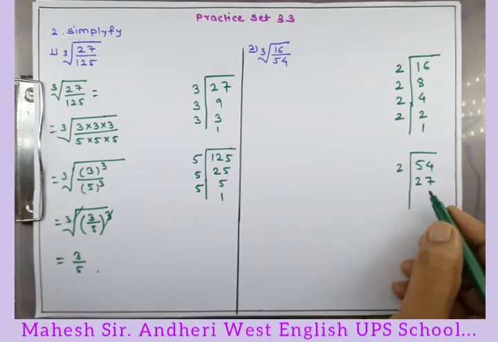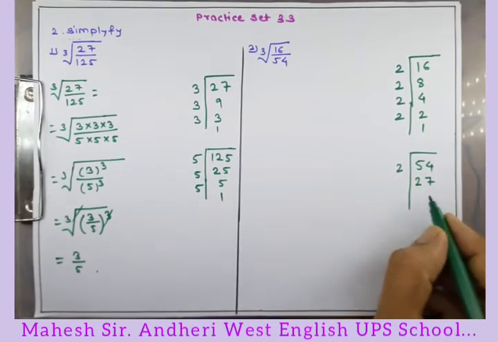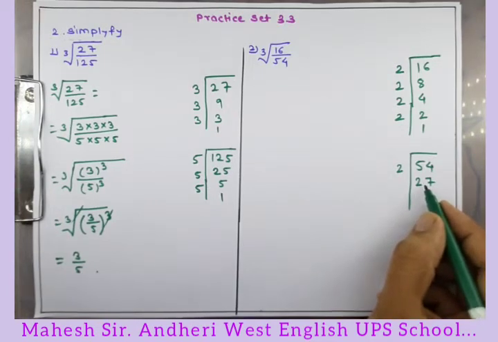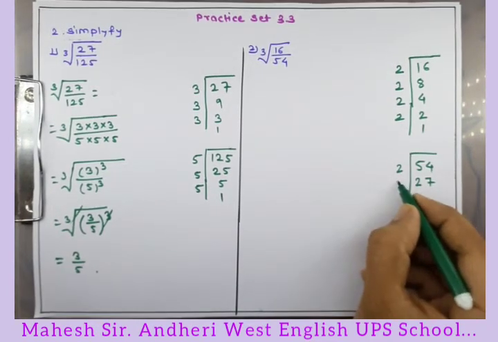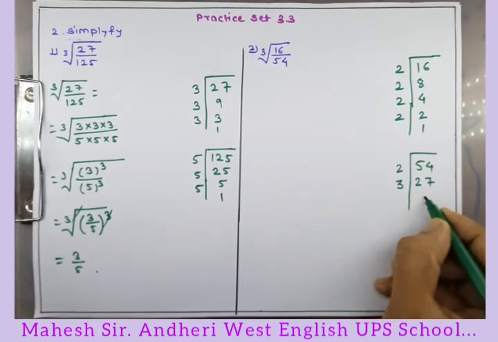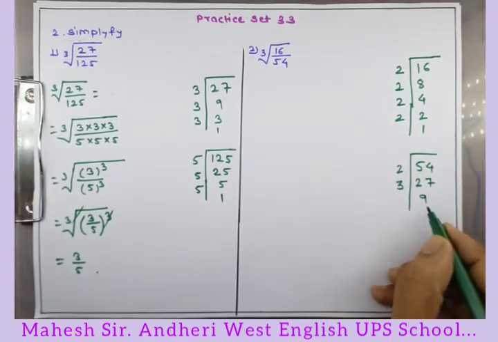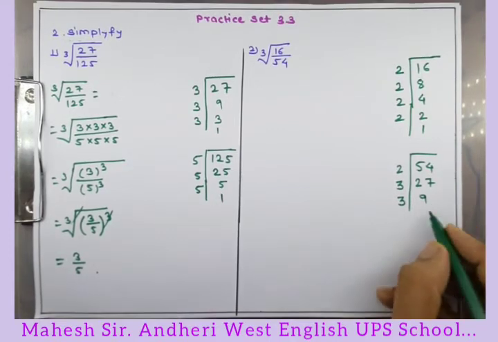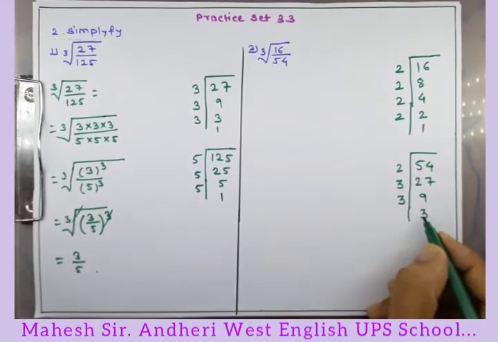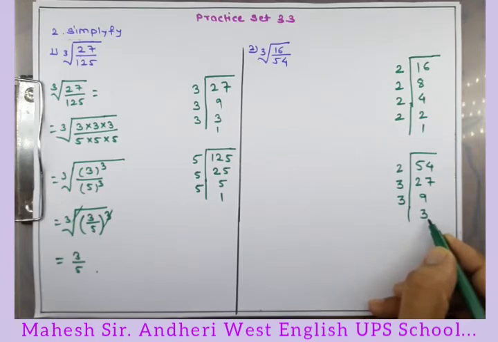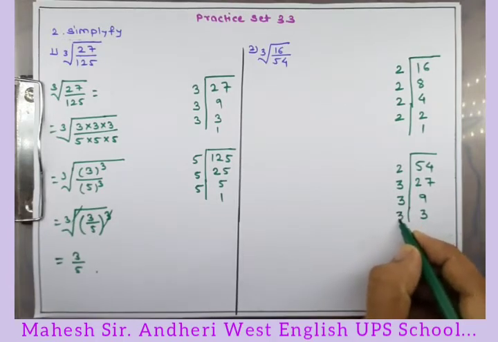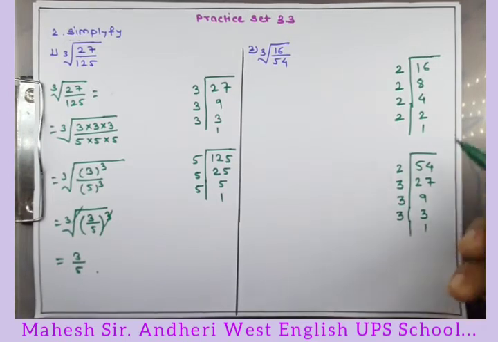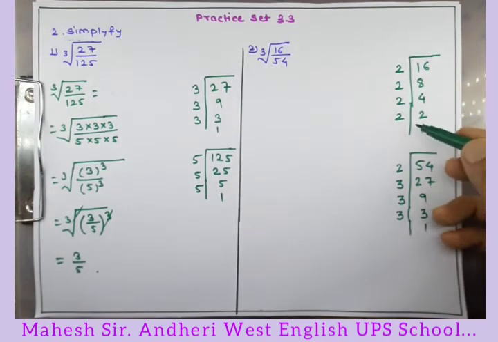For the test of 3 we add the digits, so 2 plus 7 is 9, and 9 comes in the table of 3, right? So it is divisible by 3, so 3 9s are 27, again 9 is there, 3 1s are 3, 3 3s are 9, at the ending 3 is there, so 3 1s are 3, right? So these are the factors of 54, and these are the factors of 2, right?